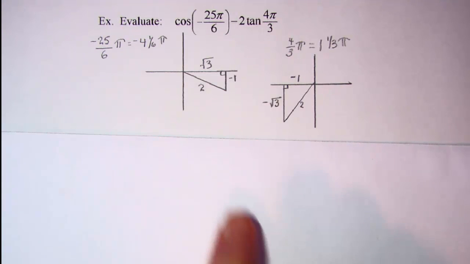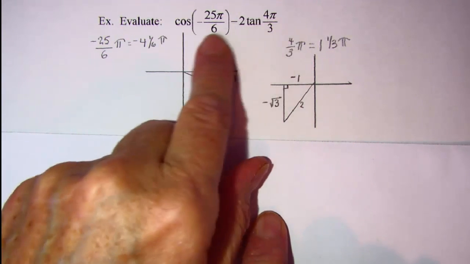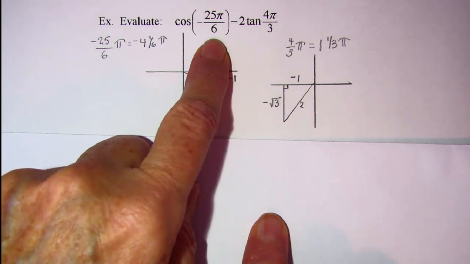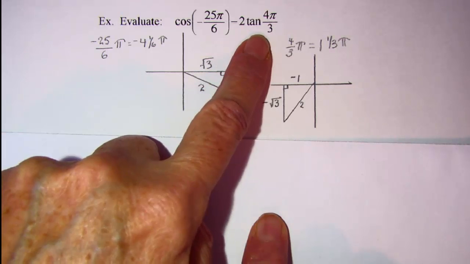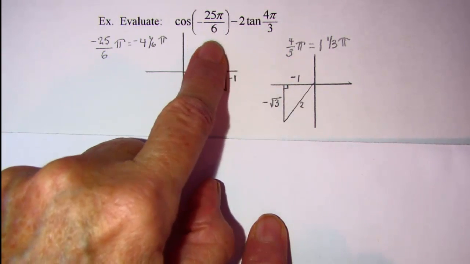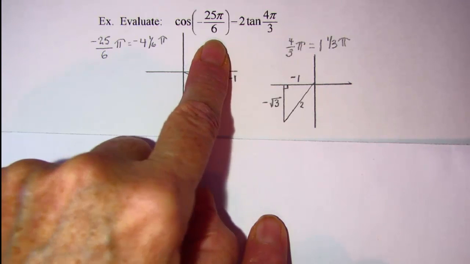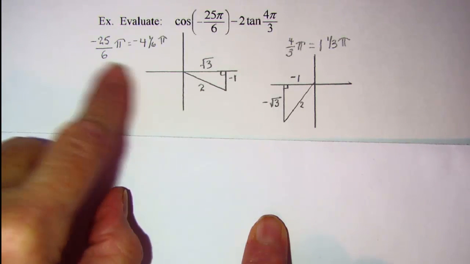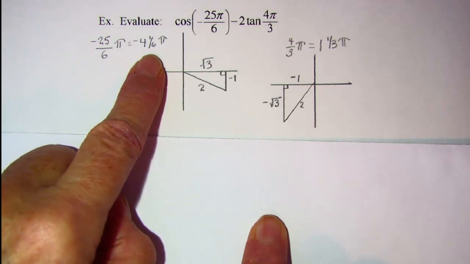My next example, I have cosine of a negative 25 pi over 6 minus 2 times the tangent of 4 pi over 3. Now let's look at the first term first. 25 over 6 is the same as 4 1/6.